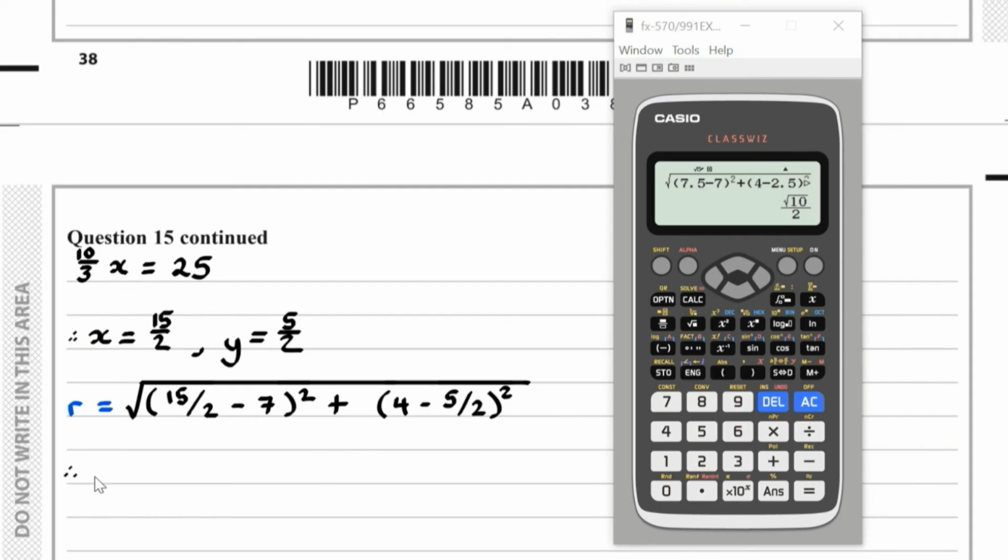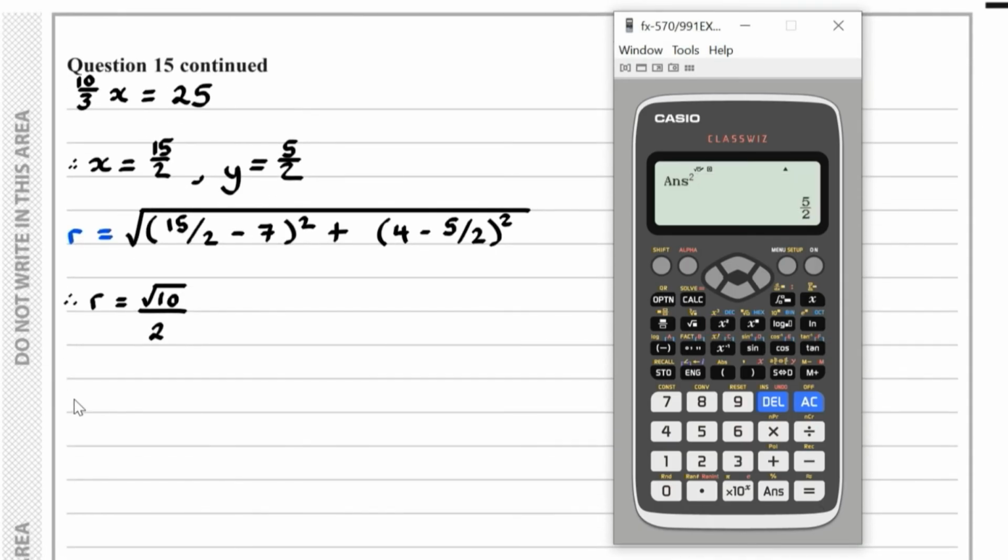So therefore, the radius is root 10 over 2, and if I square this, it turns out for the equation of C, we've got x minus 7 all squared plus y minus 4 all squared equals 5/2.